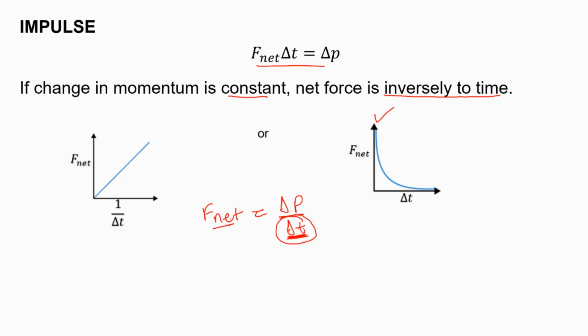If time decreases, F net increases. You see that? So if you increase time, the net force will decrease. We're going to talk about this a lot when we talk about the safety considerations. We're going to do a few examples in our next tutorials.